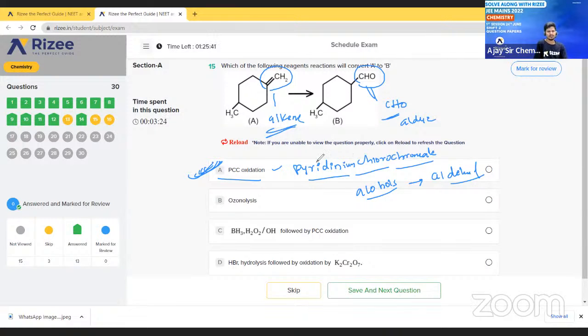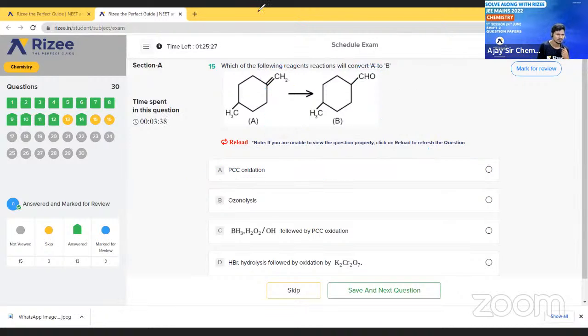See here, is it correct? Here an alkene is there, and the alkene is going to convert into CHO, an aldehyde. So do you see any alcohols here? No, that means PCC is wrong. Okay, so let us check the next, ozonolysis. In ozonolysis what will happen, tell me. In ozonolysis generally, we will take the same compound here.